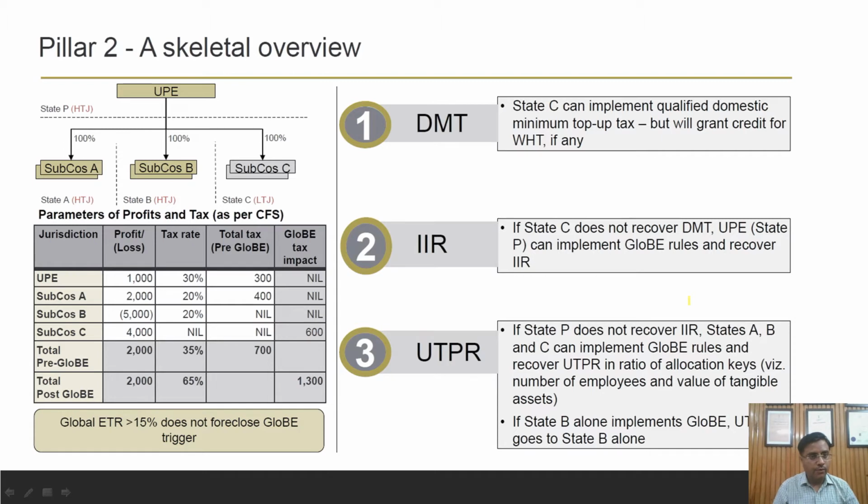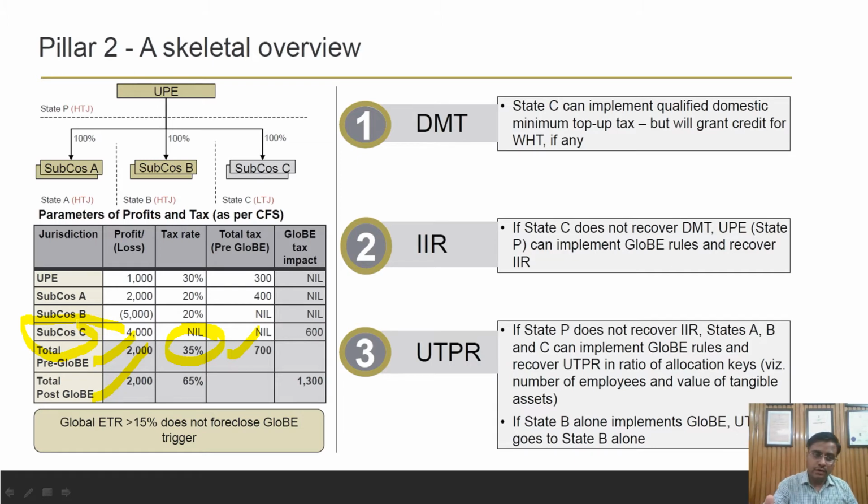As of now, our total pre Globe rule profit is 2000 and tax is 700. So our ETR is 35%. In this case, we need to check ETR for that particular jurisdiction. We can't say our global ETR is more than 15%, so top up tax is not applicable. We are outside the purview of Pillar 2.